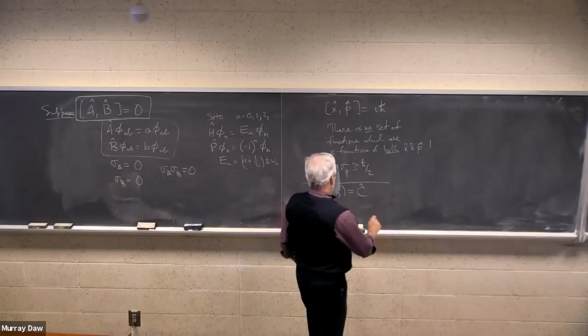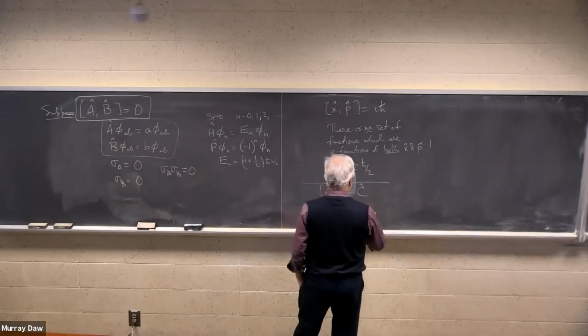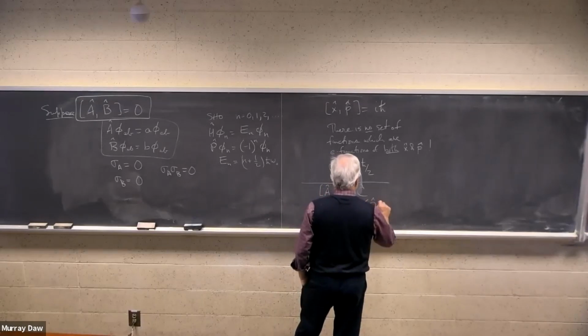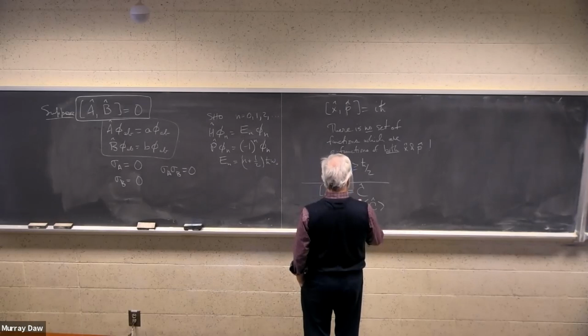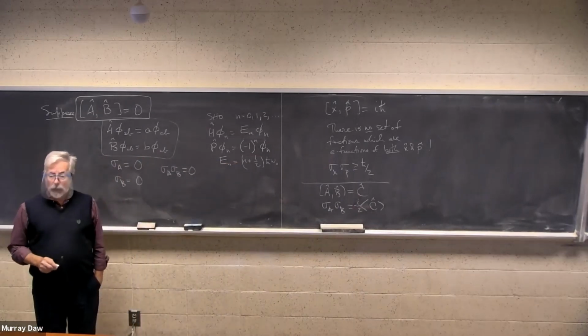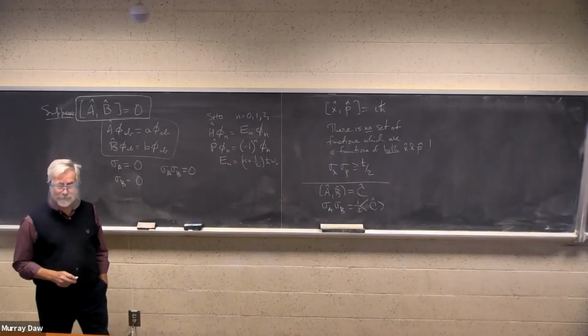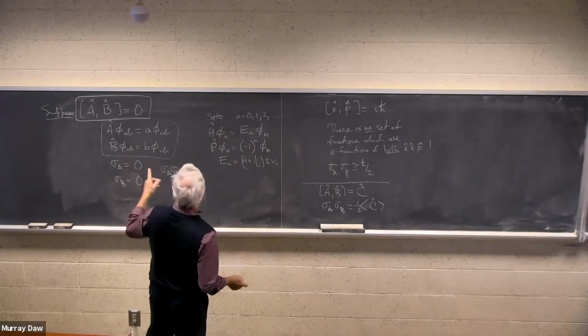That's called the generalized thing. Let's see, I have to remember this. I'm not sure that this is right. I think it's minus i over 2 times the ensemble average of C. So this catches both of these cases here.